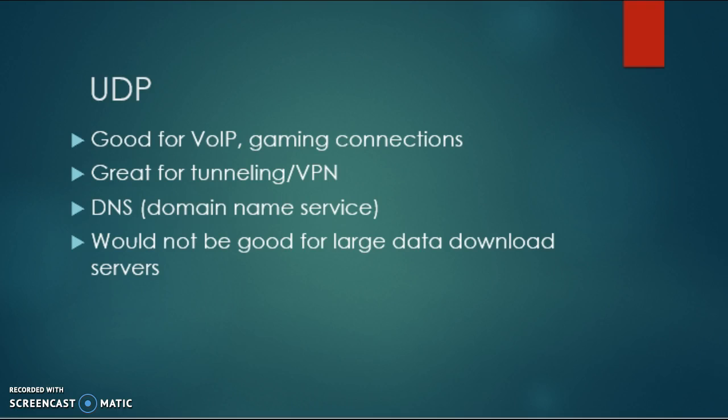Obviously, the reliability of UDP is not used for that. It's better at transferring small amounts of data and not larger gigabyte or terabyte amounts of data. That would just take too long, and the reliability of making sure all the data packets were there would not exist.